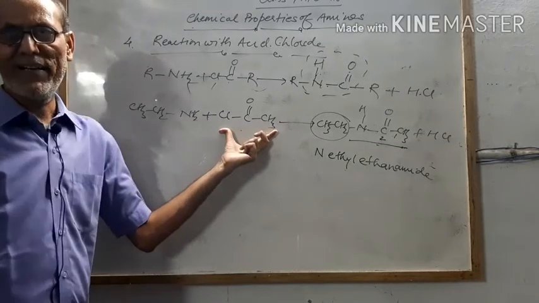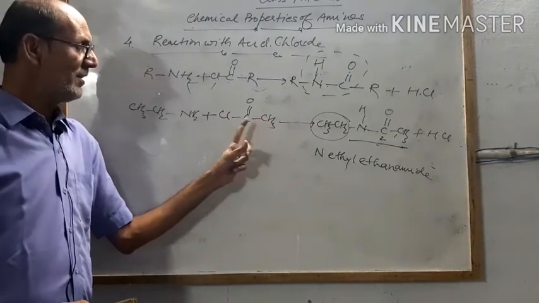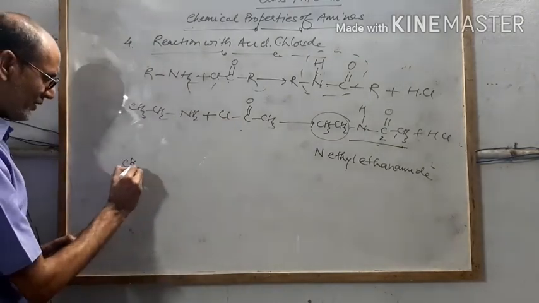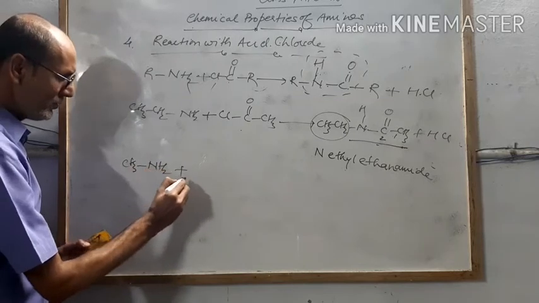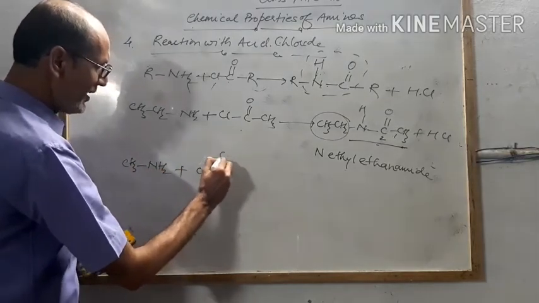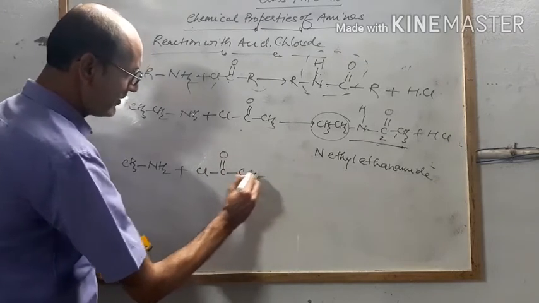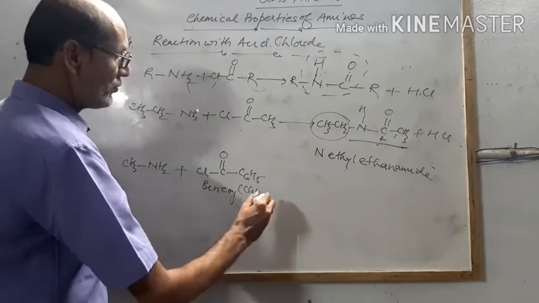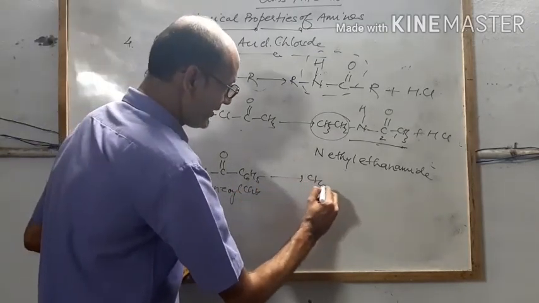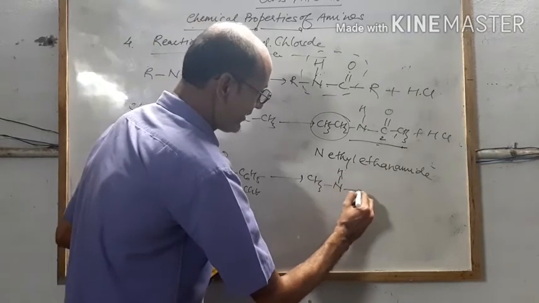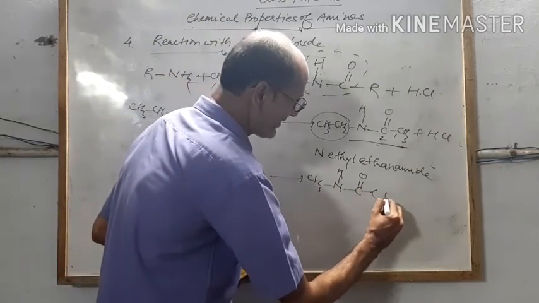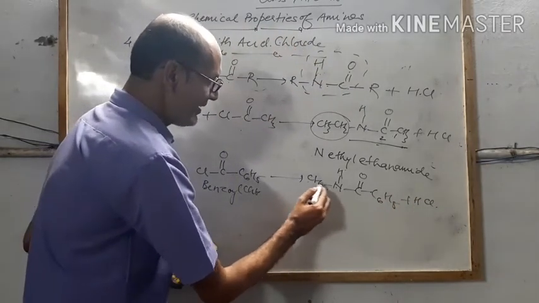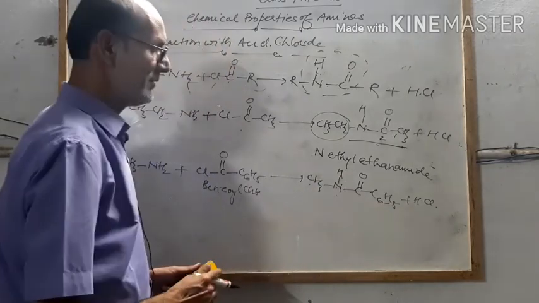In the case of benzoyl chloride, we take C6H5COCl. So if you are writing CH3-NH2 plus Cl-CO-C6H5, this is benzoyl chloride, you will get CH3-NH-CO-C6H5 plus HCl. The name will be N-methyl benzamide.